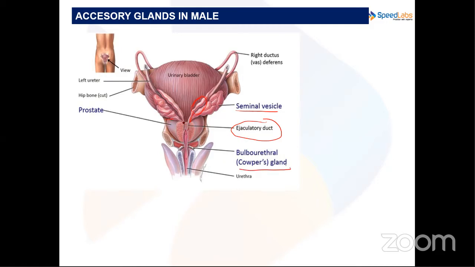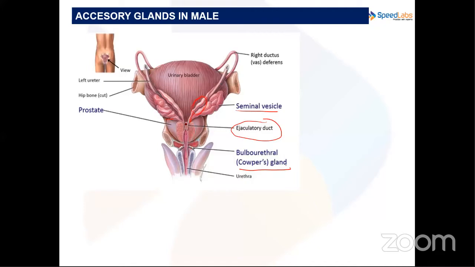You can see that this is the urinary bladder, and into it these ducts are opening. So this is the urinogenital passage in the male. In the male, the passage is common for urine and sperms, but at a time either urine or sperms can come out.